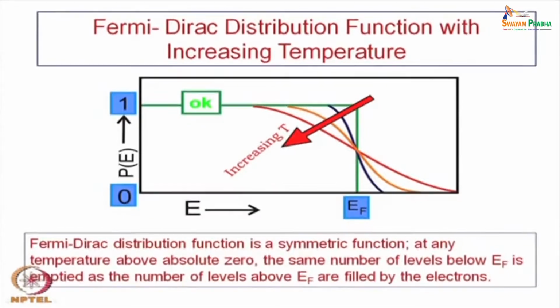This is also almost the same curve, but at different temperatures. The same probability function as a function of E, and one can see at E F there are 3 different temperatures. Temperature is increasing in this direction.